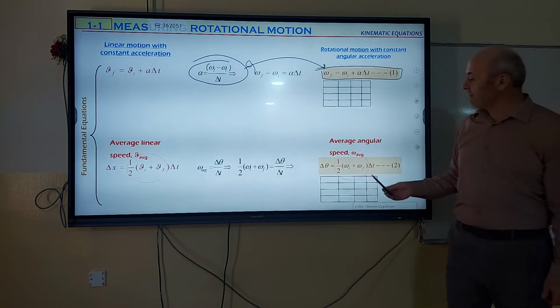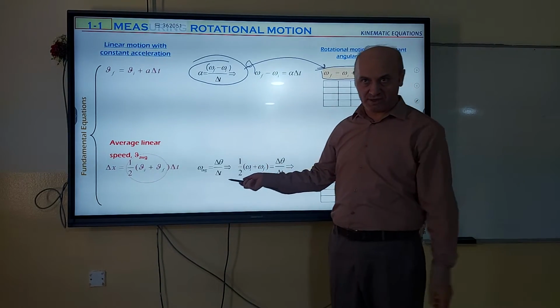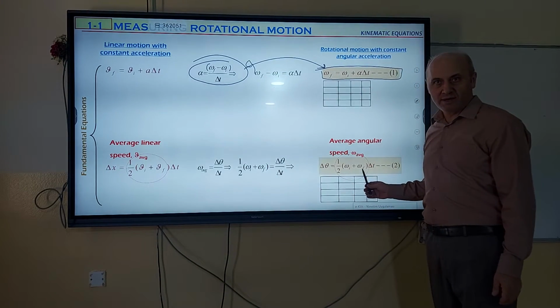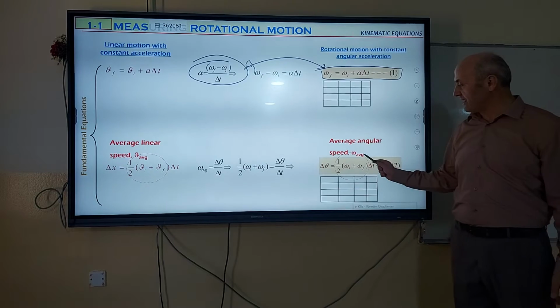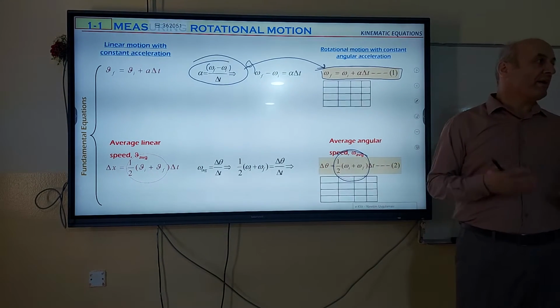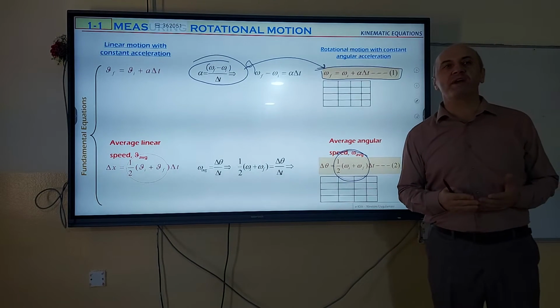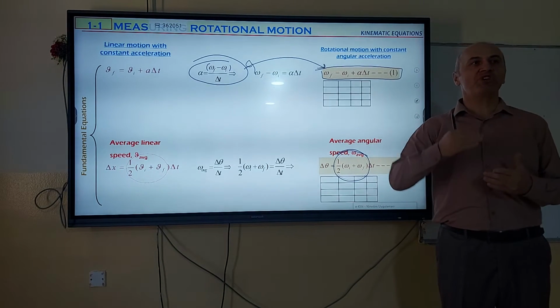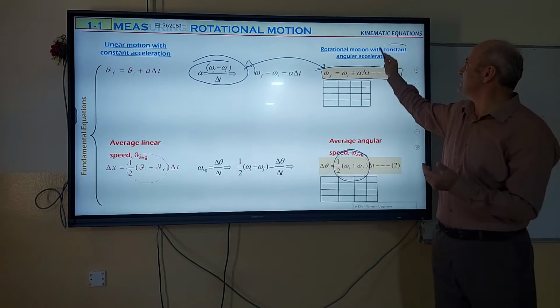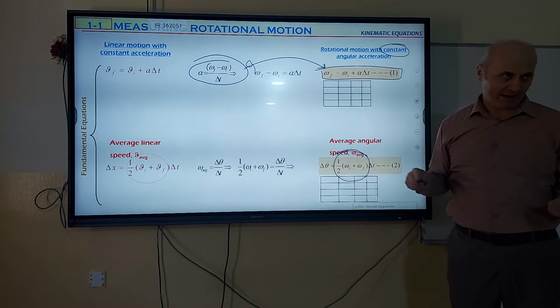The second one came from the definition of average angular speed. It was delta theta equals 1 over 2 times omega initial plus omega final, times delta t, and I said that this is the average angular speed for an object whose speed is changing uniformly, regularly, that is, constant angular acceleration.